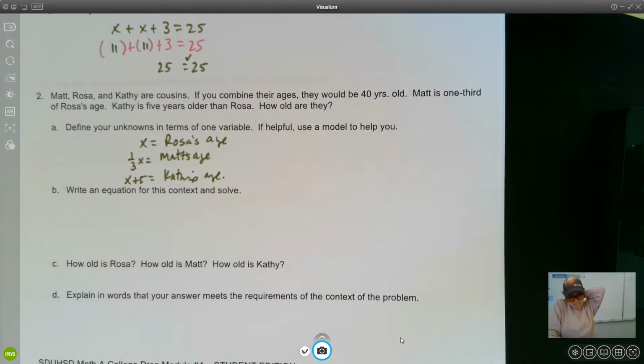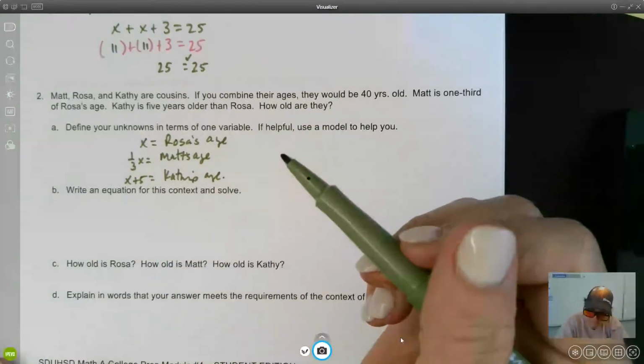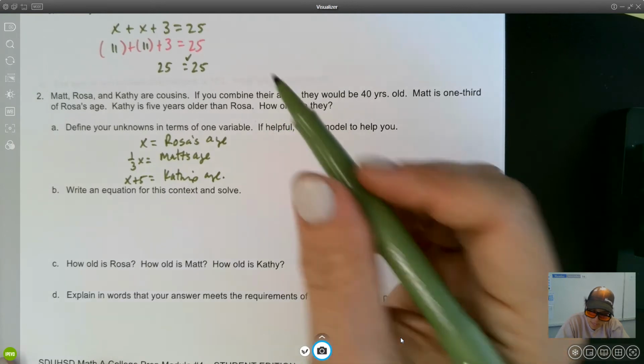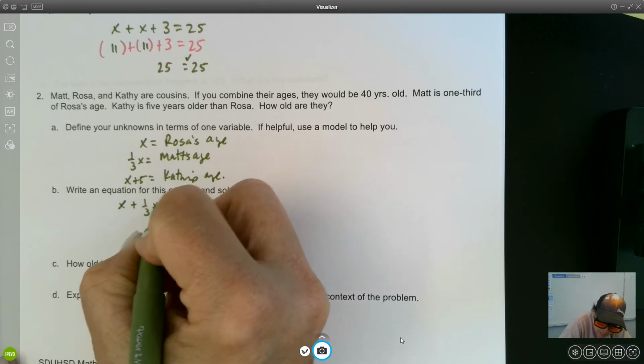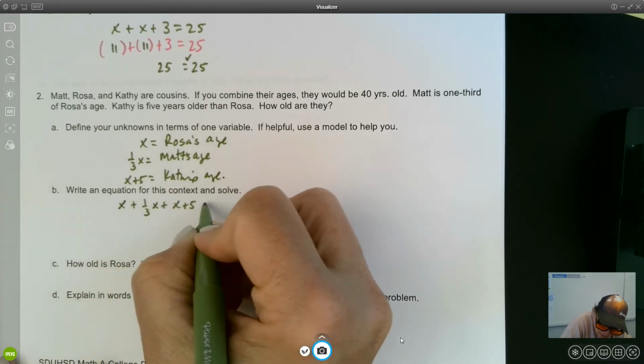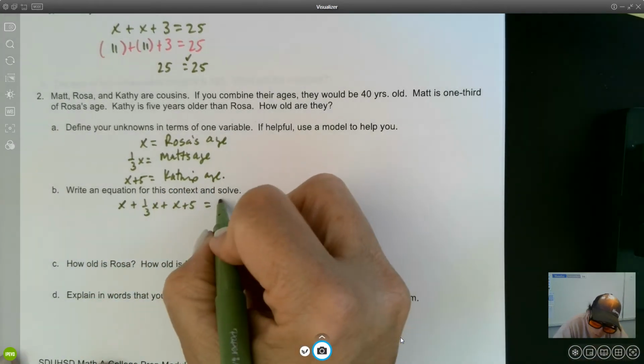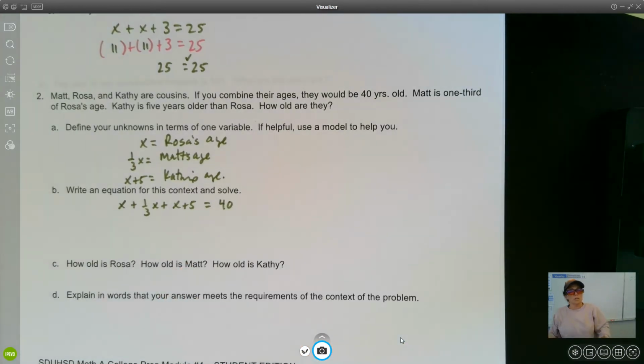All right, write an equation for this context and solve. So the sum of all of them, let's say if you combine their ages. So x plus 1/3 x plus x plus 5 equal, what was it? 40 years old. So there's our equation.